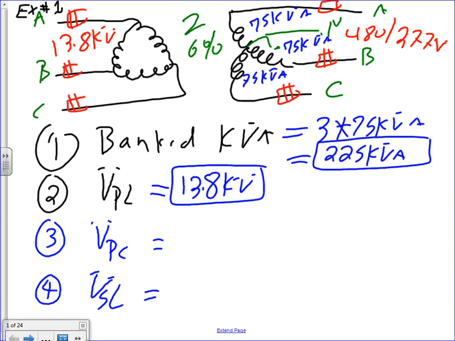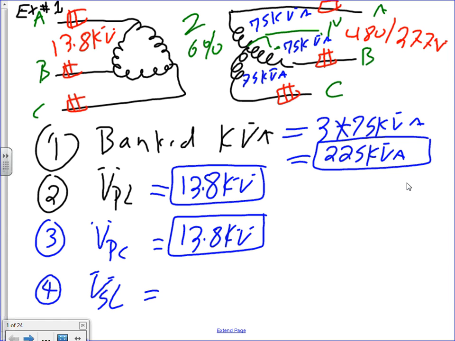Here's the coil voltage. This is the line voltage. What's the coil voltage? Identical, right? Same thing. 13.8 kV. Any question, guys, about the coil voltage and the line voltage? And I know this is not a new concept for you.